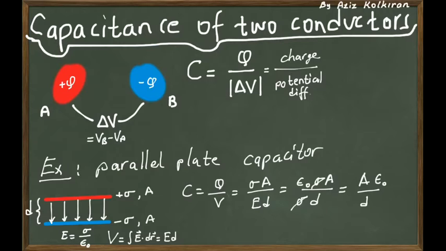You can put more charges if you bring them closer. If you make them far apart, it is more difficult to put more charges on the plates. So it depends inversely proportionally on the distance between them. Okay.